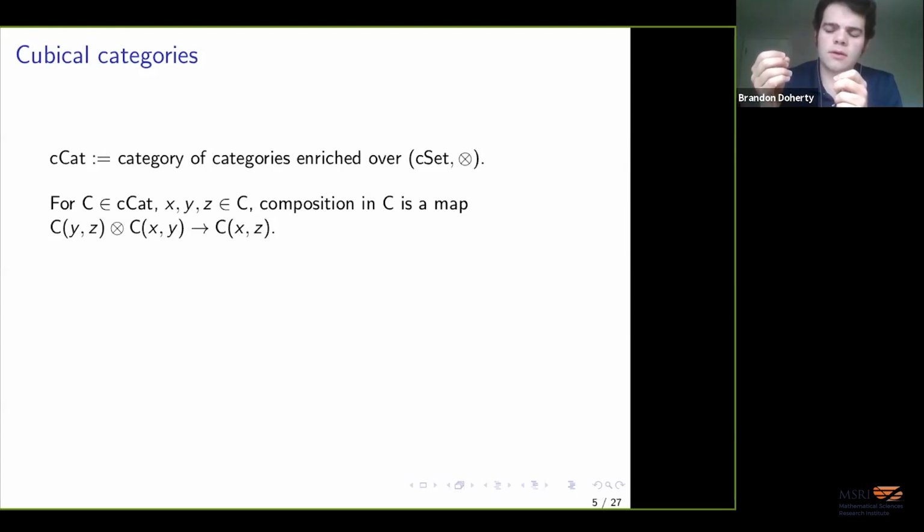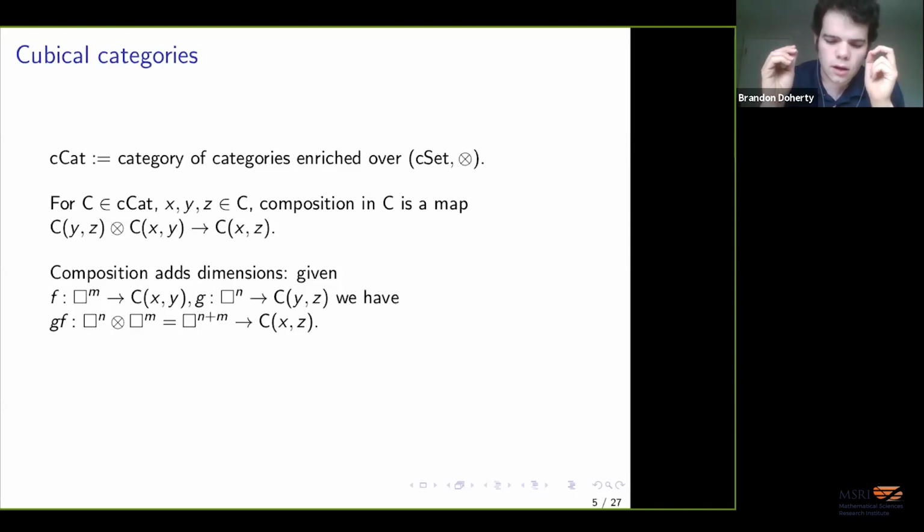So what that means is that in a cubical category, whether we write composition from right to left or left to right really is a substantial aspect of the definition of a cubical category rather than just a style choice. So I'll be writing composition from right to left in this talk.